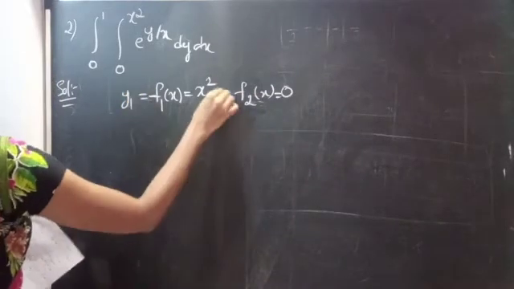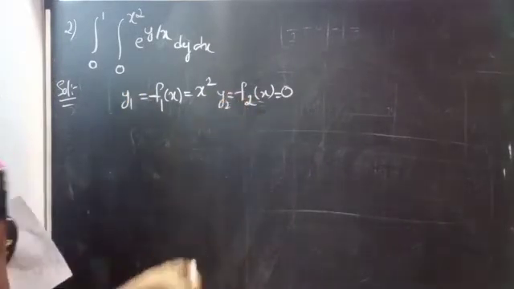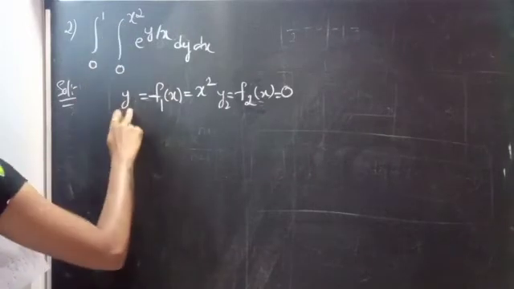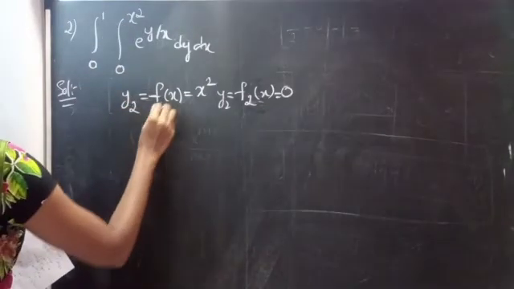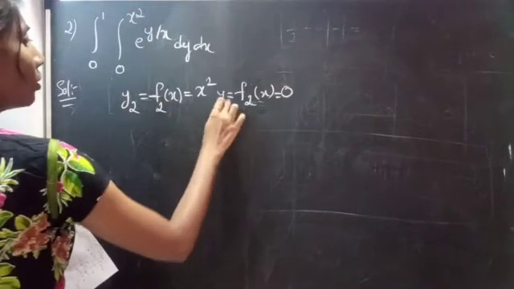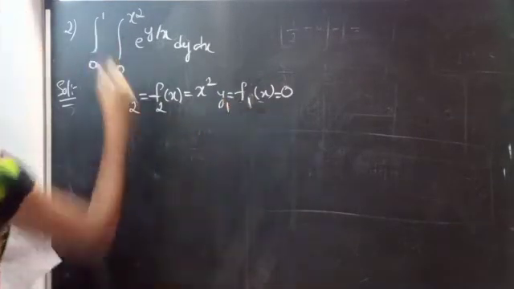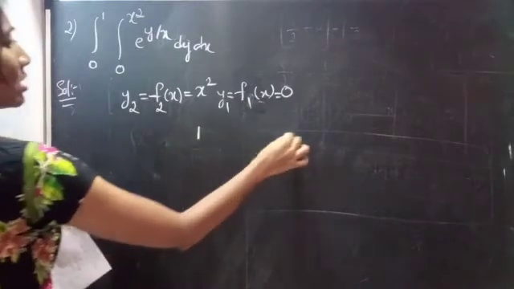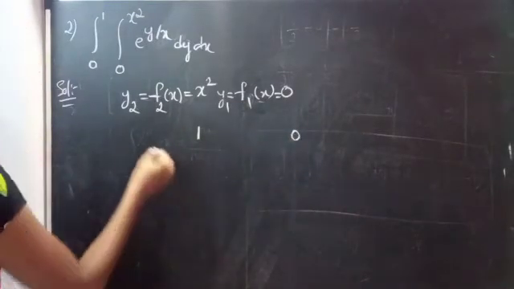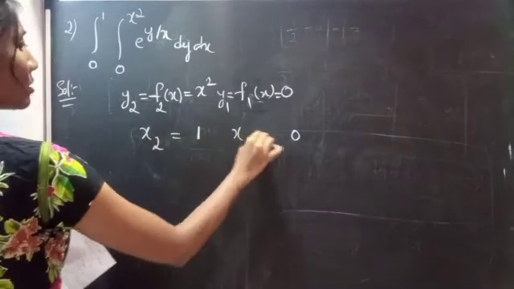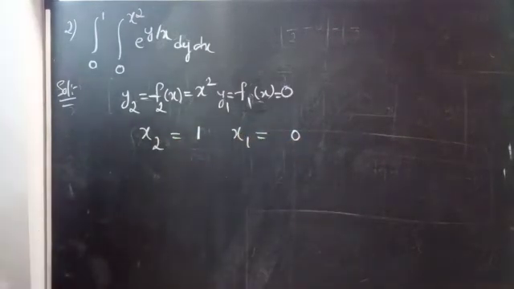Here you will write y1 and here you will write y2, so change it. This is for y2, this is for y1, and next you have 1 and 0. x2 equals constant, x1 equals constant.